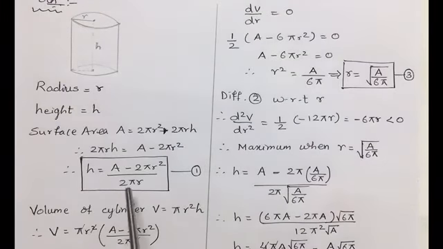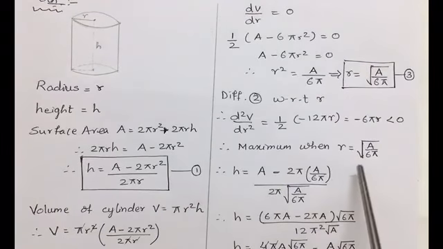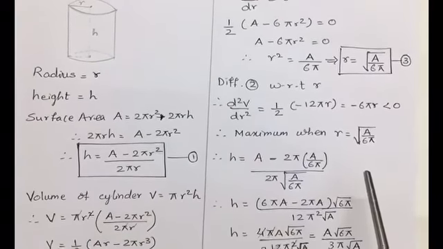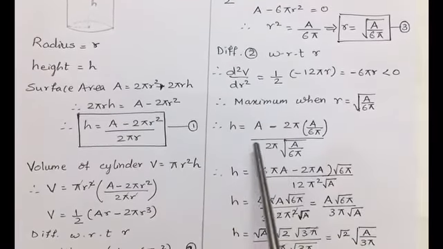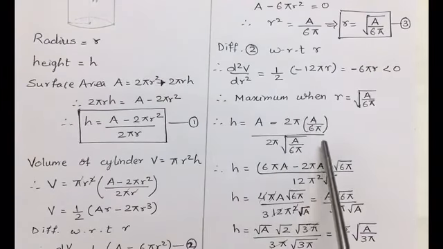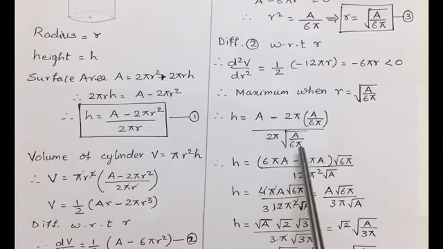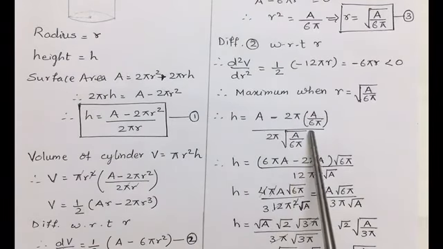So taking up the formula of height, wherever r is there, keeping there root of a by 6 pi, we get height h is equal to a minus 2 pi a upon 6 pi divided by 2 pi under root of a upon 6 pi.